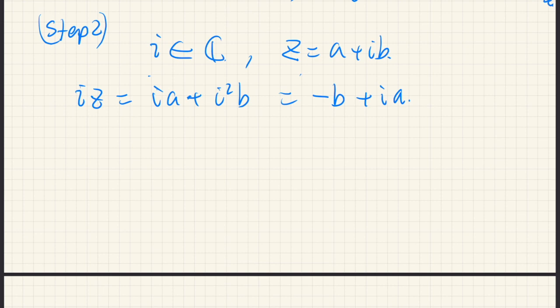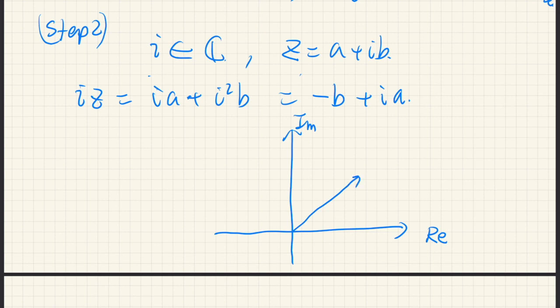Let's plot this on the plane, real and imaginary. Let's say z is here, a plus ib, and let's say i is this. So if we multiply these two, then the result is this.